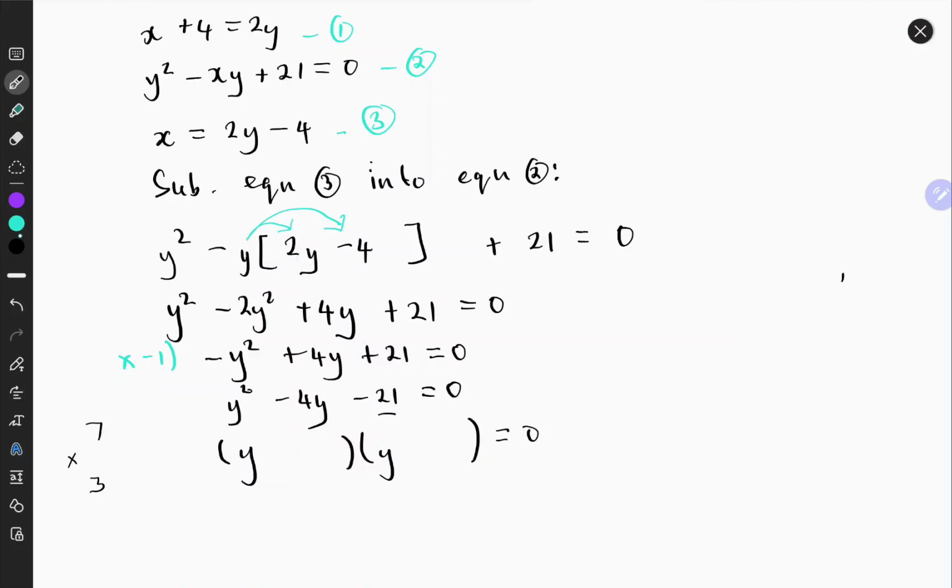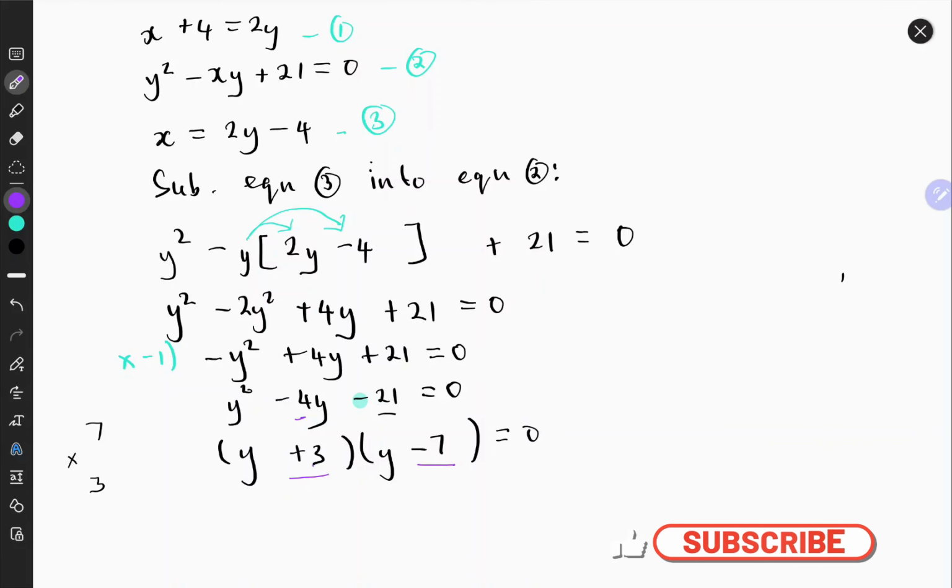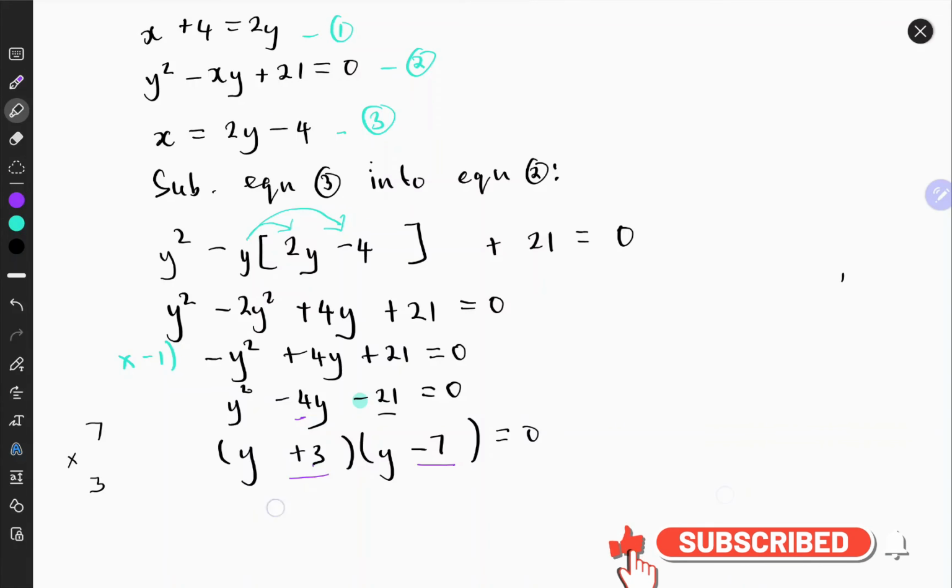But remember there's a negative here. So let's go with -7 and plus 3. Yes, that seems about right. -7 times +3 is -21. So the product gives us the last term, and the sum of +3 and -7 gives us -4. So these factors are right.